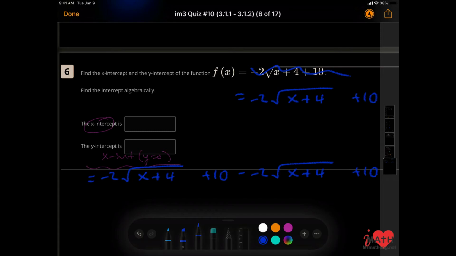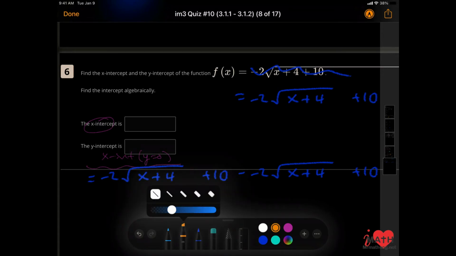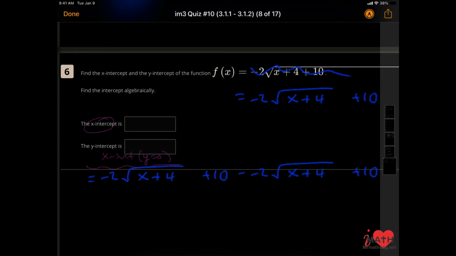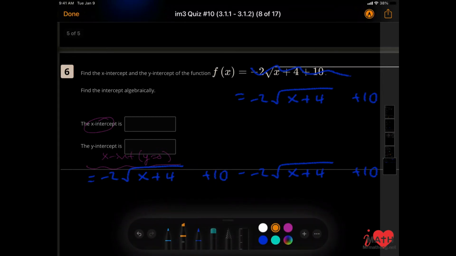Okay, so we're making y equal to 0. So the y is over here, and if you put in a 0 here, everything else is the same.